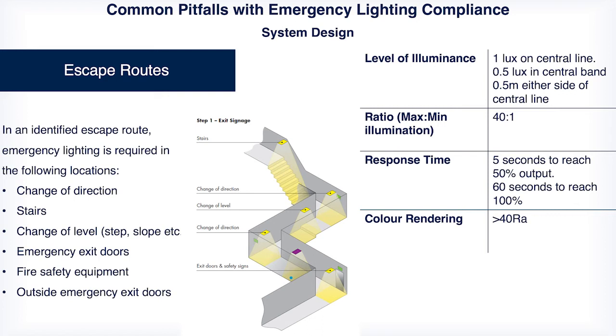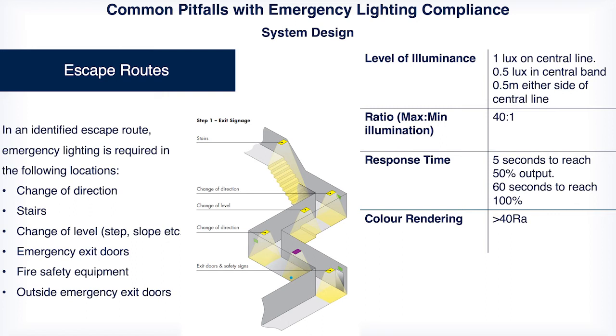Each change of direction must be clearly marked within 2 meters of the applicable change. We've got a very simple example on that diagram, but it could easily be a much different and longer change of direction.